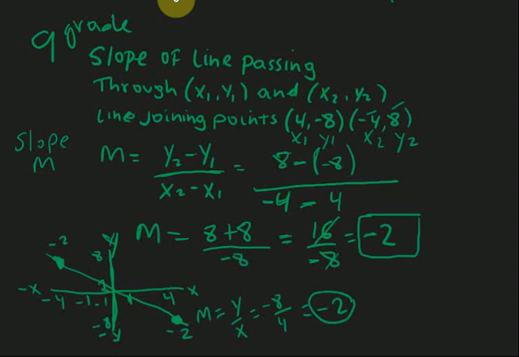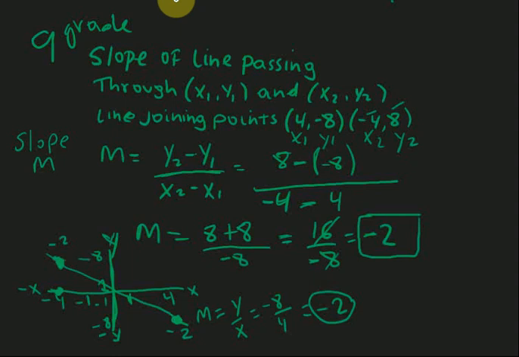And then for the other point, x2 is minus 4 and y2 is 8.